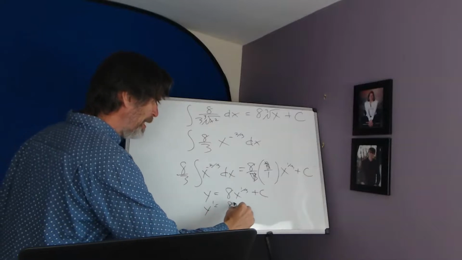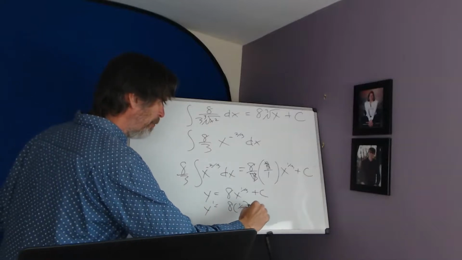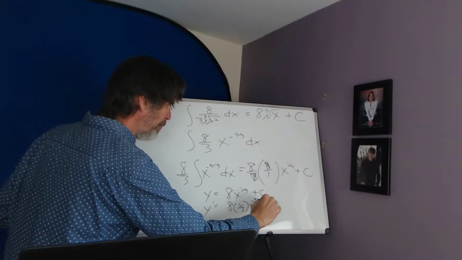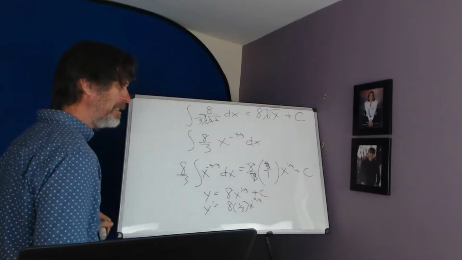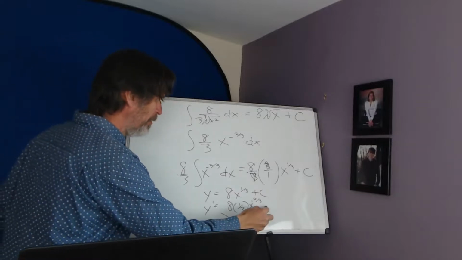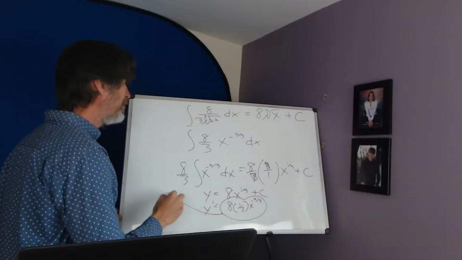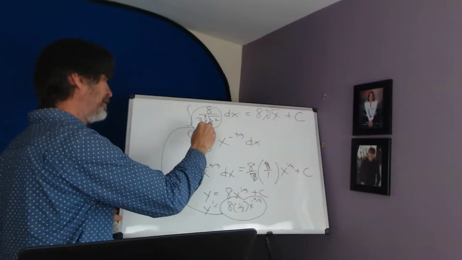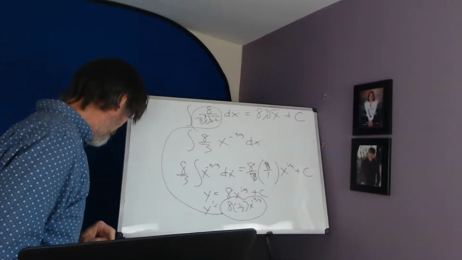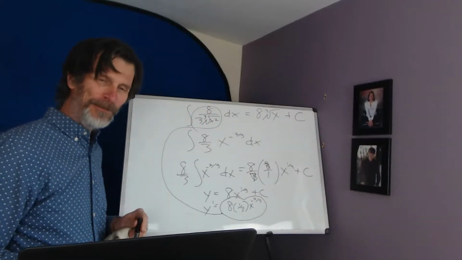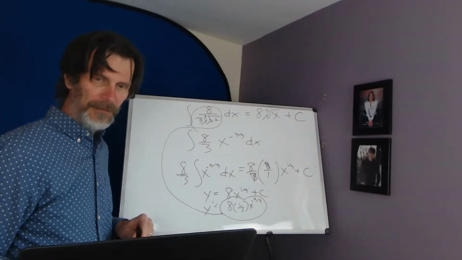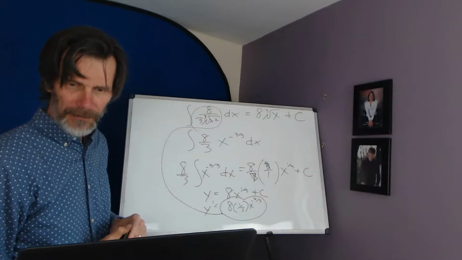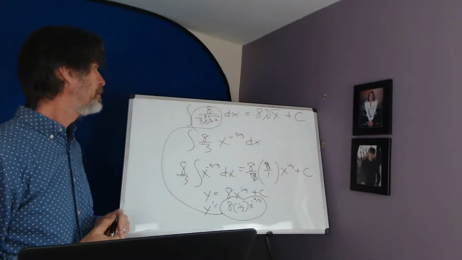Y prime is 8, bring down the power, reduce the power by 1, and add on to that the derivative of a constant, and the derivative of a constant is 0. So is that identical to what we started with here? Oops, with a little work, certainly it is. There's 1F.